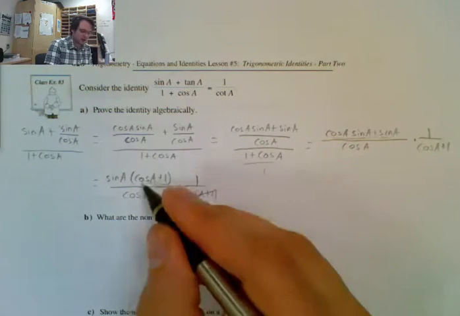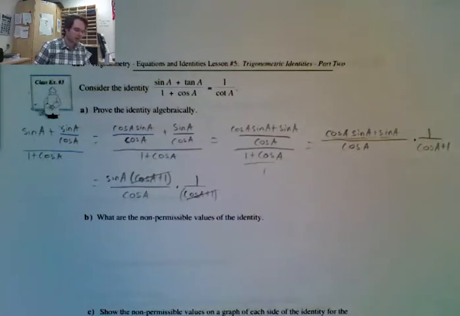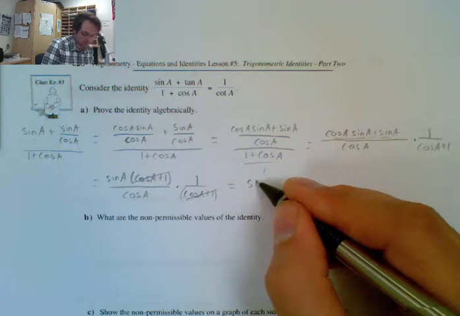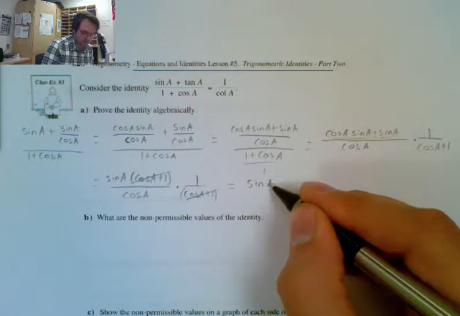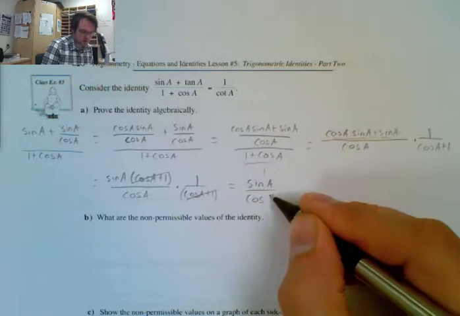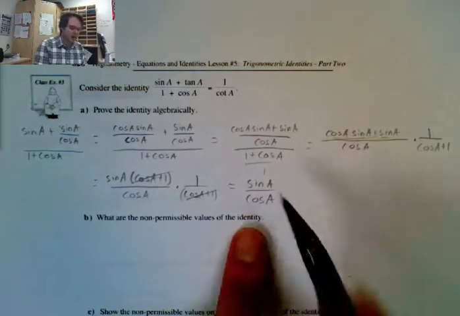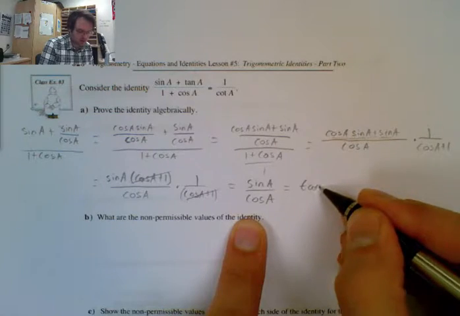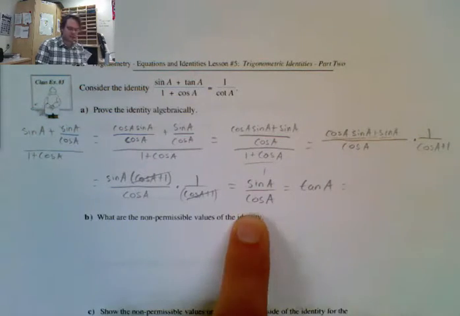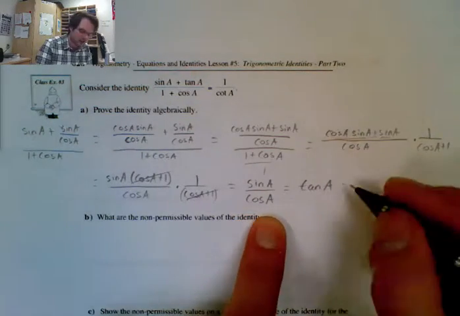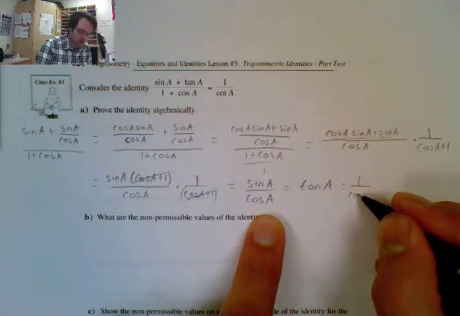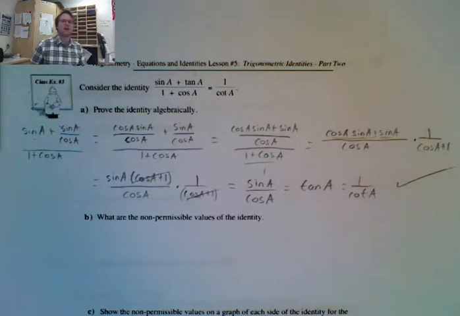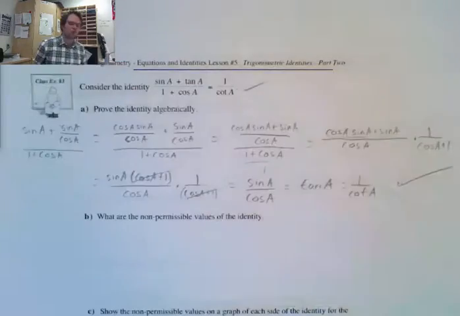Now these here cancel off nicely, so I'm left with sine a over cos a. Now sine a over cos a is the same thing as tangent of a, which is the same thing as, if we look at our identities, 1 over cotangent of a. So now these do work and it proves. So we got this side to equal my other side.